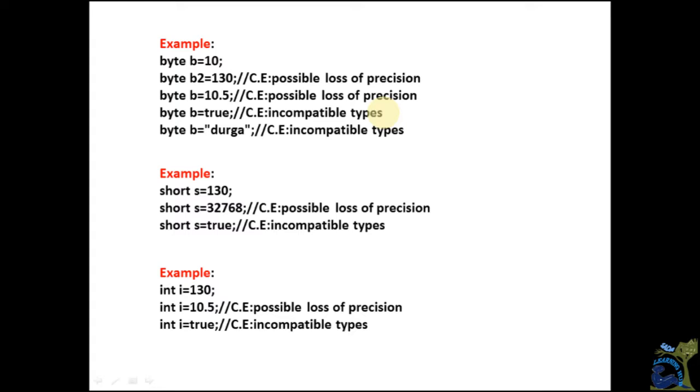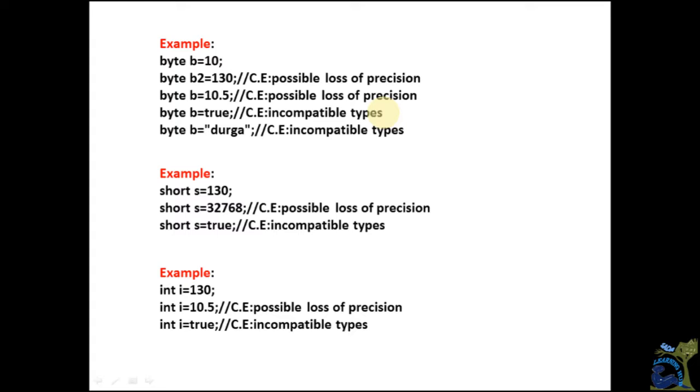Next is short data type. The most rarely used data type in Java is short. Size is 2 bytes. The range of short is minus 32768 to plus 32767, that means minus 2 power 15 to 2 power 15 minus 1. For example, short s is equal to 130 is good.